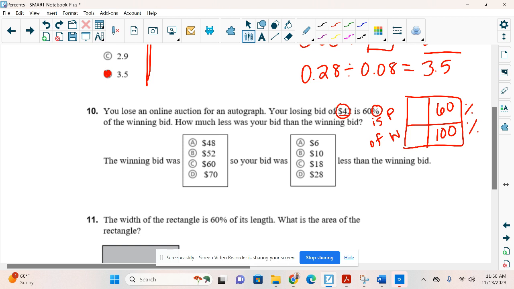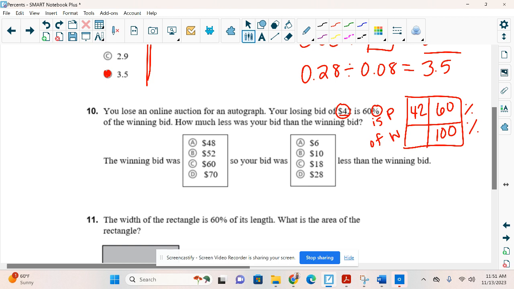Because what it's saying is your losing bid of $42 is 60% of the winning bid. If I put it in the whole first, I'd get 25.20. And think about that. Does that make sense? That they won with $25.20 when you lost with a $42 bid?